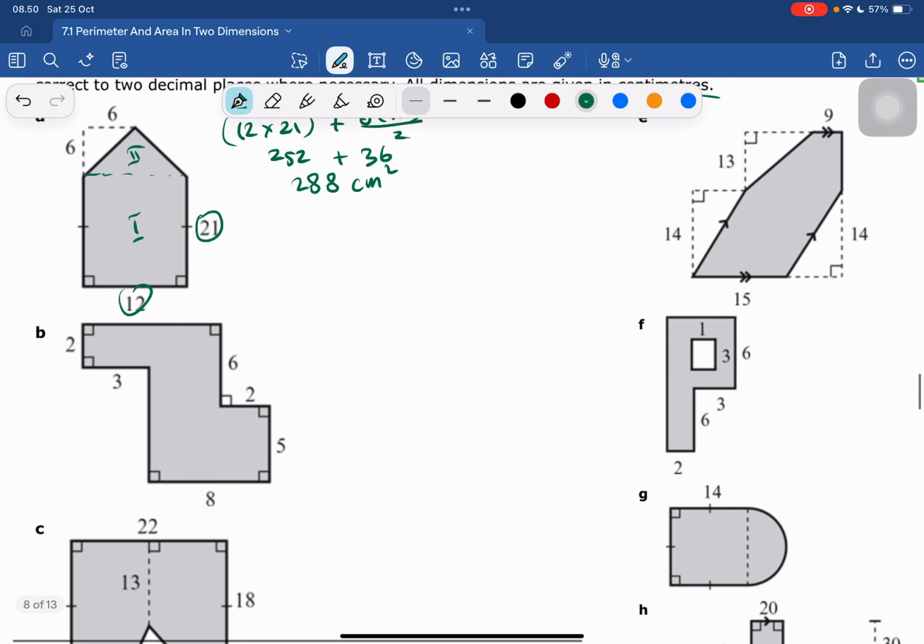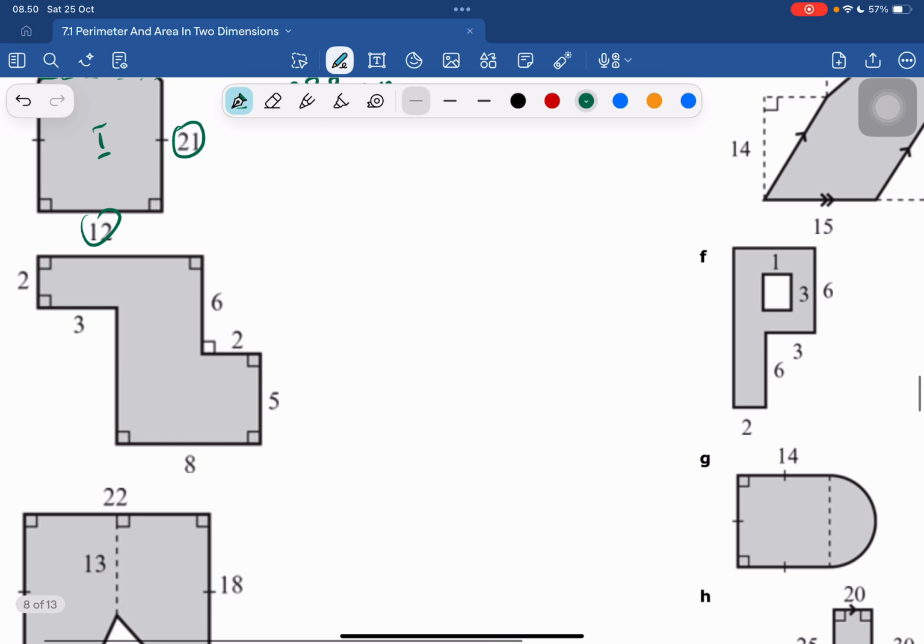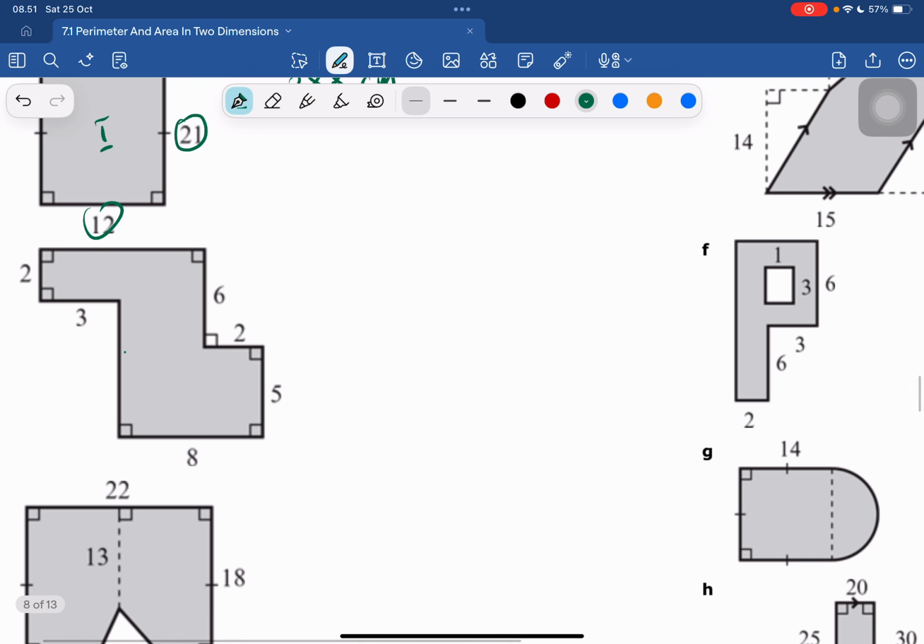Next, what do we have from here? Okay, we can divide it. This is 2. If this is 2, so this is 6. So until here is 6. So we got 1, 2, 3.